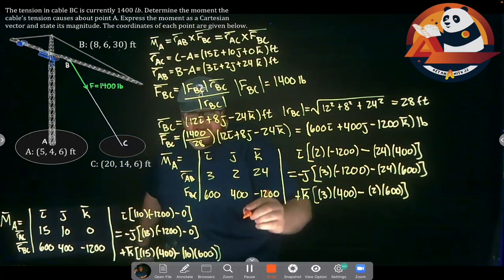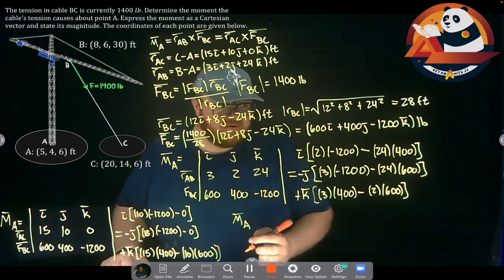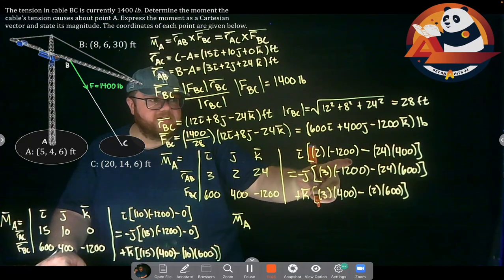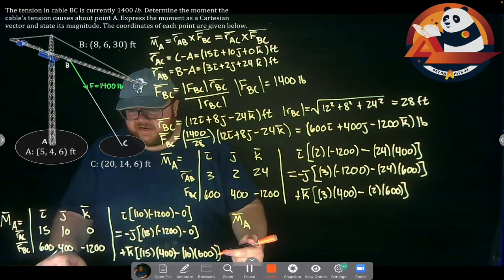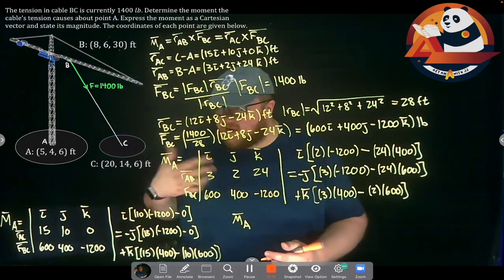Either way in here, I'm going to get that my moment as a Cartesian vector is, whether I approach that as 2 times negative 1,200 minus 24 times 400, or just 10 times negative 1,200, we get the exact same thing.